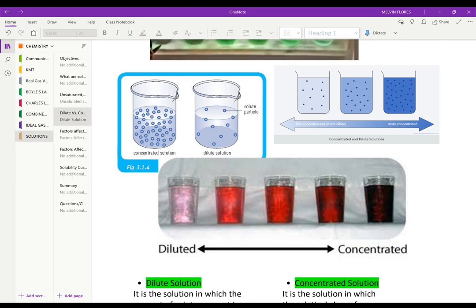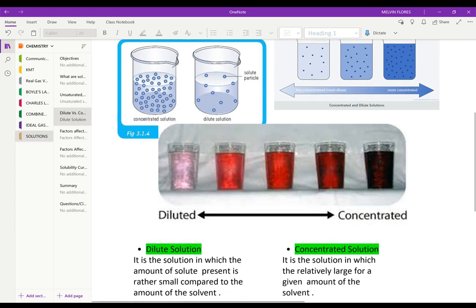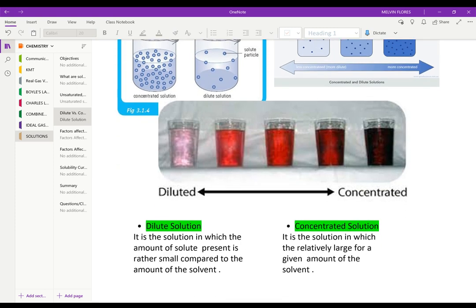The more dilute the solution, the fewer particles in it. We can define a dilute solution as one in which the amount of solute present is small compared to the amount of the solvent. And when we say concentrated solution, the solute is relatively large compared to the amount of the solvent.